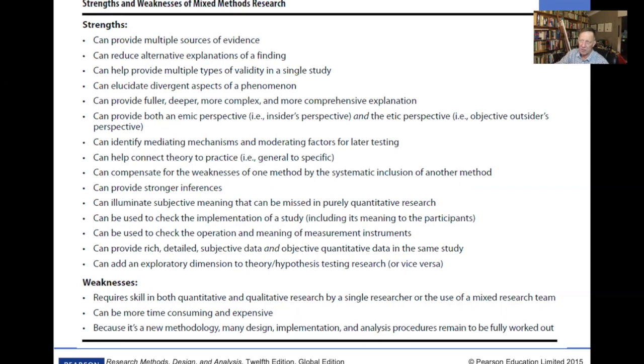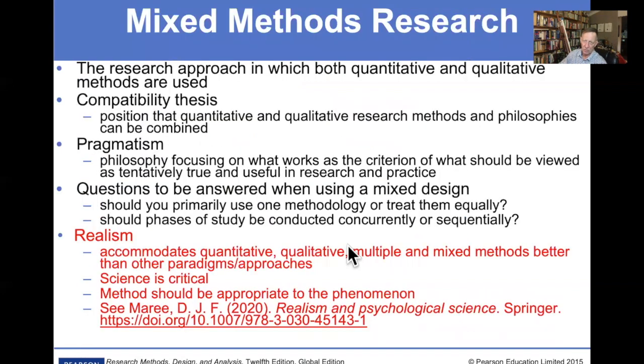Yeah, some of us don't. So it can be more time consuming and expensive because it's a new methodology. Many design implementation analysis procedures remain to be fully worked out. Although it's as old or young as qualitative methods. Go and look at this author's discussion of those issues.